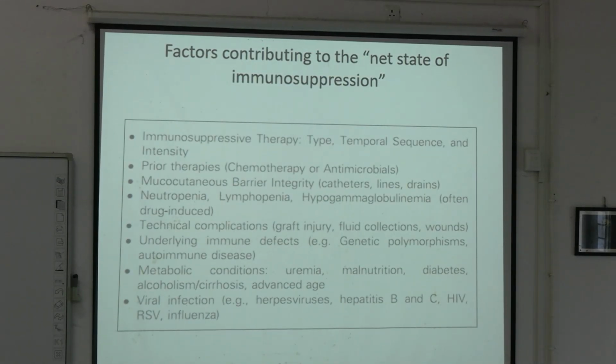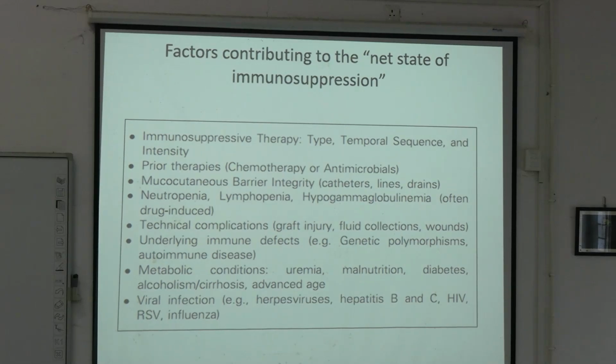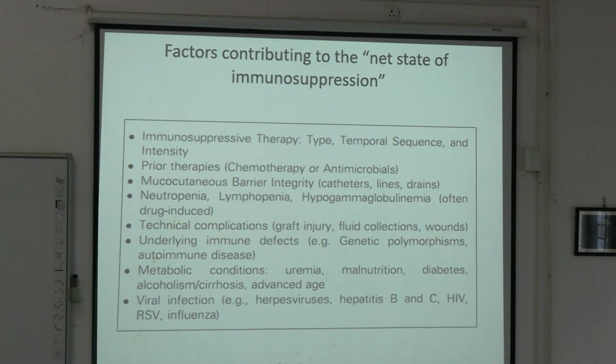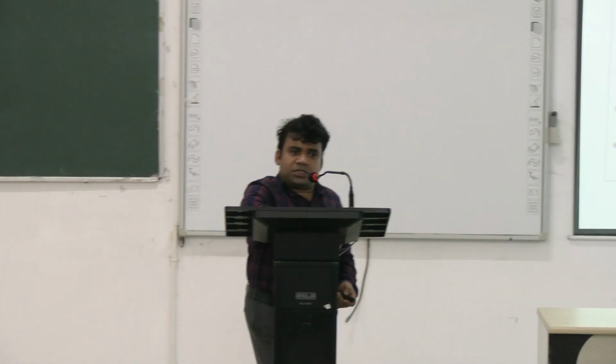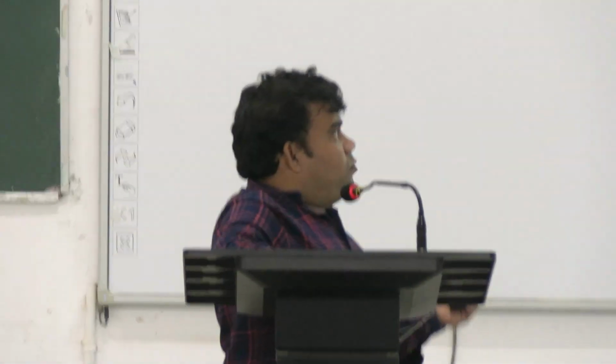Now, if we try to understand why these infections occur more commonly, the most important part would be immune suppression. Why does this immune suppression occur? Either the suppression of immunity is done iatrogenically, that is for the purpose of transplantation, or because of specific underlying conditions.